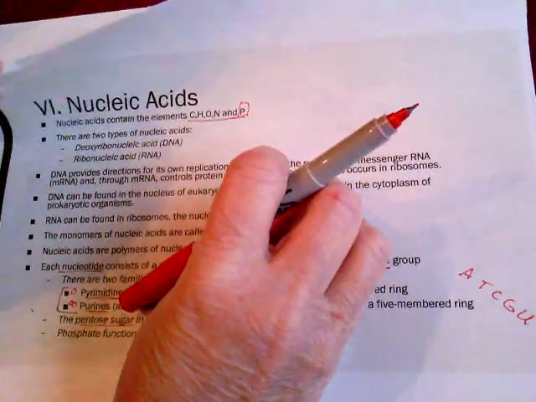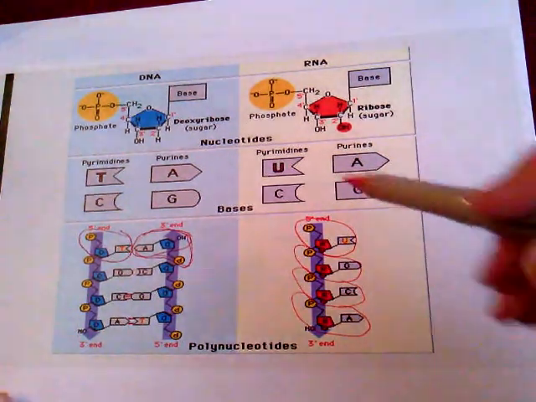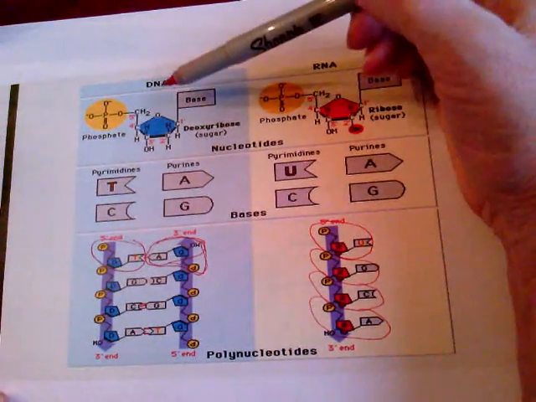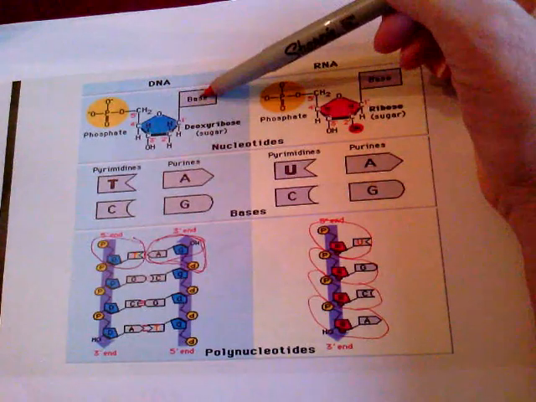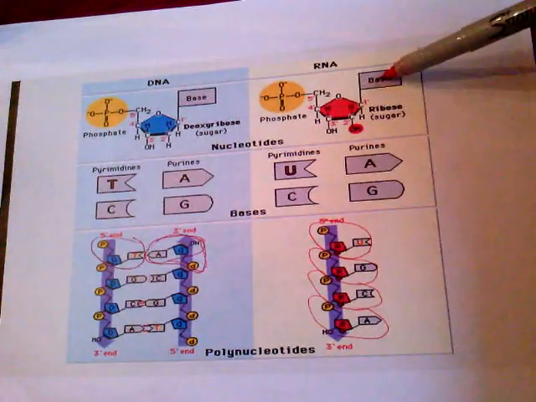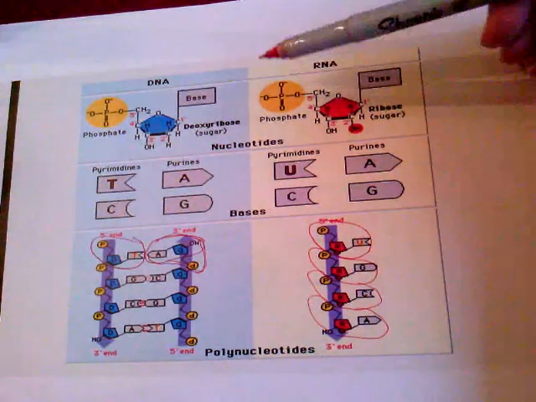Now, this first picture is going to show you a simple diagram of DNA versus RNA. So let's first look at the nucleotides of each. Here's a DNA nucleotide. It's made up of a phosphate, sugar, and a base, right? Here's the RNA nucleotide, phosphate, sugar, and a base. So far, it looks the same. Phosphate here, still the same.